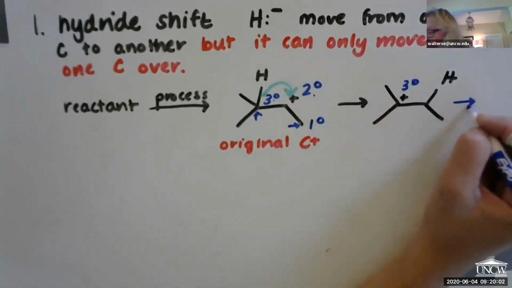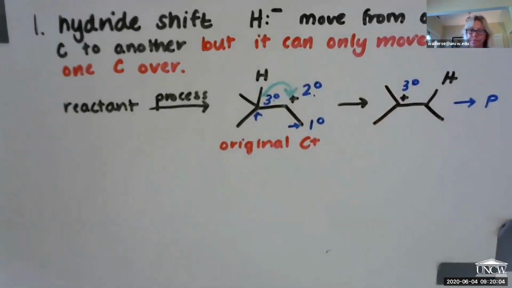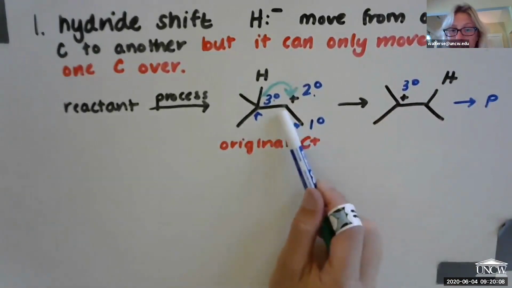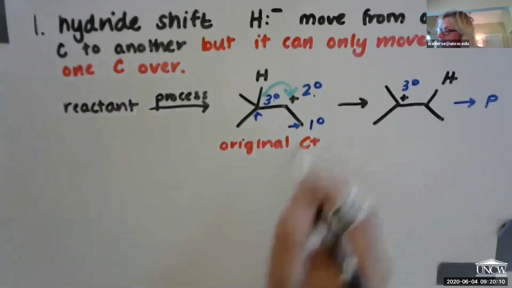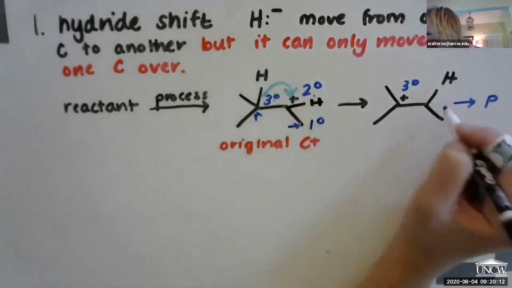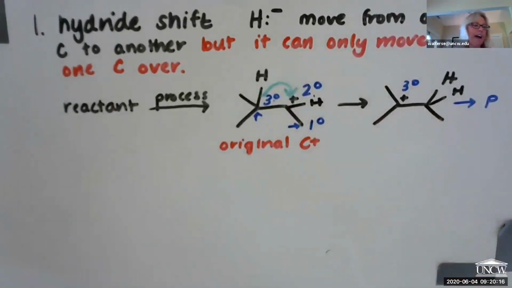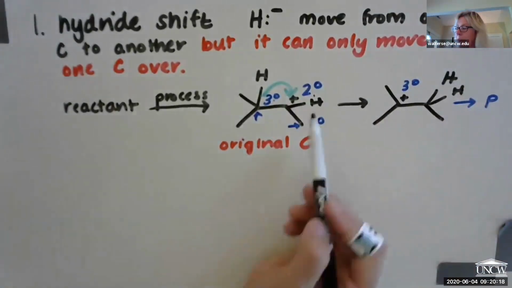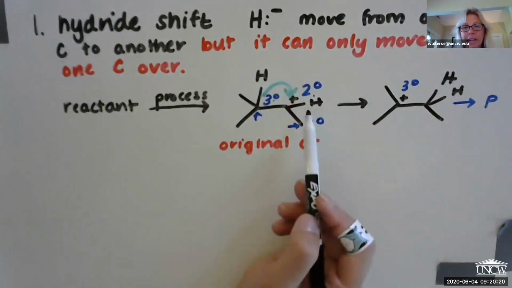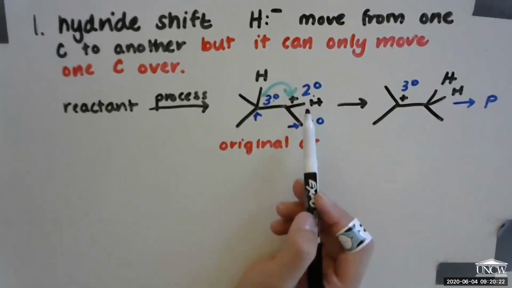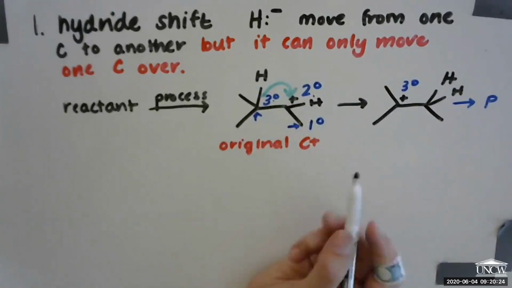And then you would make your product. Now, this carbon with the secondary carbocation does have a hydrogen on it, so there's going to be 2 over here. I'm not violating the octet or anything, I'm just not drawing the hydrogens I'm not interested in.